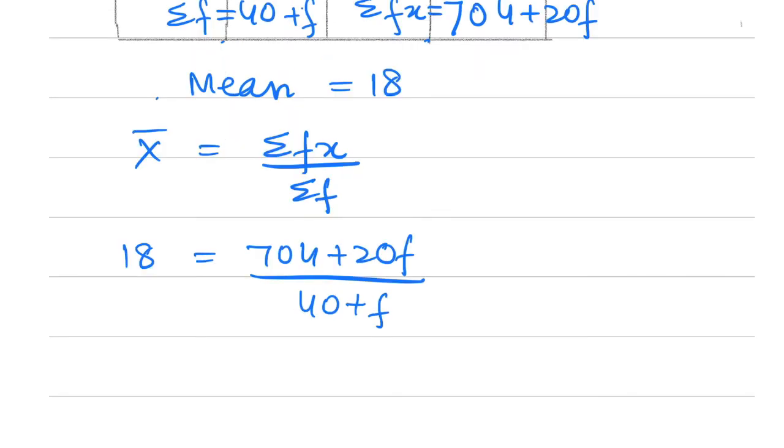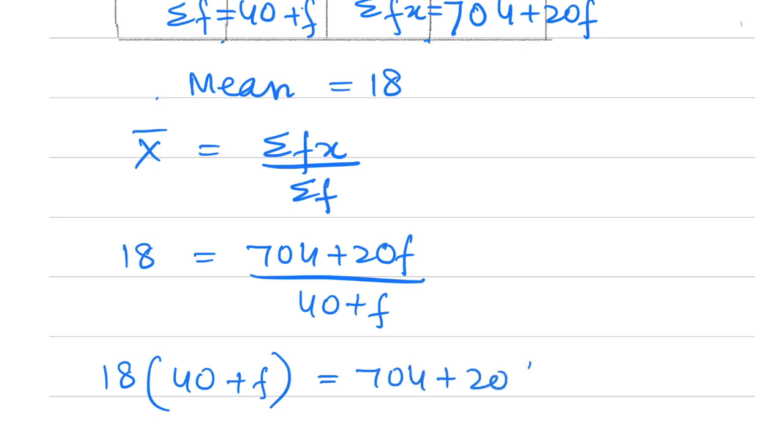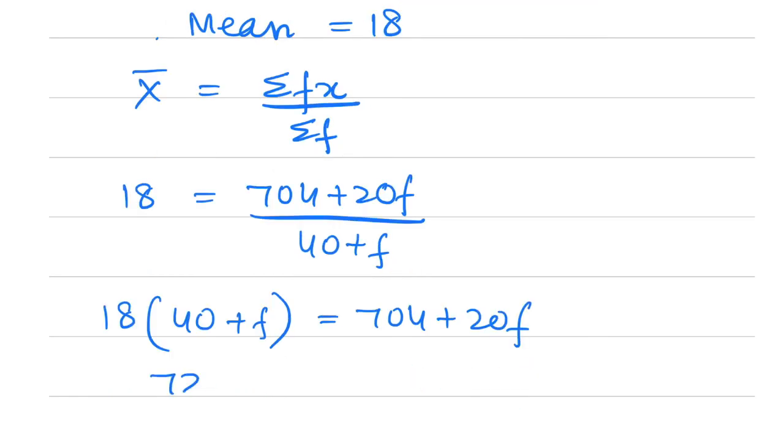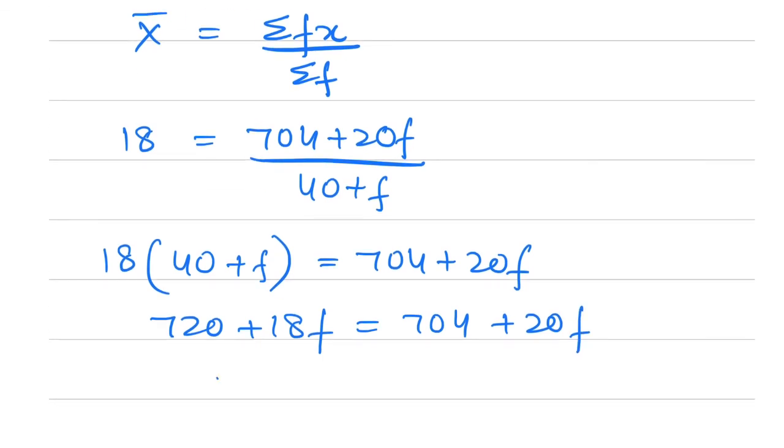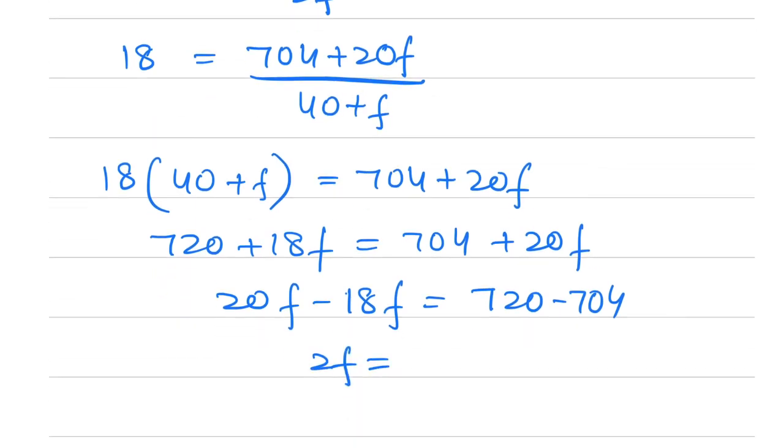Cross multiplying, we get 18 into 40 plus f is equal to 704 plus 20f. 18 times 40 is 720, so 720 plus 18f is equal to 704 plus 20f. So we have 20f minus 18f is equal to 720 minus 704. So 2f is equal to 16, f is equal to 8.